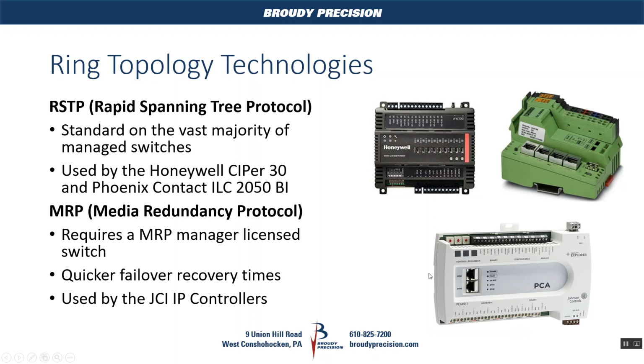So they've gotten that down, so it's super, super fast. Now, the Rapid Spanning Tree Protocol is not by any means slow at recovering, but the Media Redundancy Protocol is just a little bit quicker.